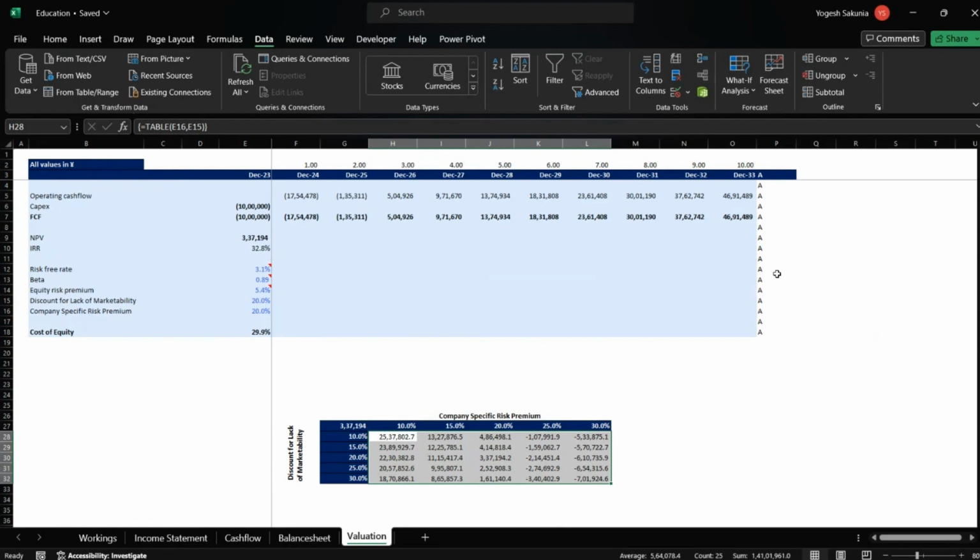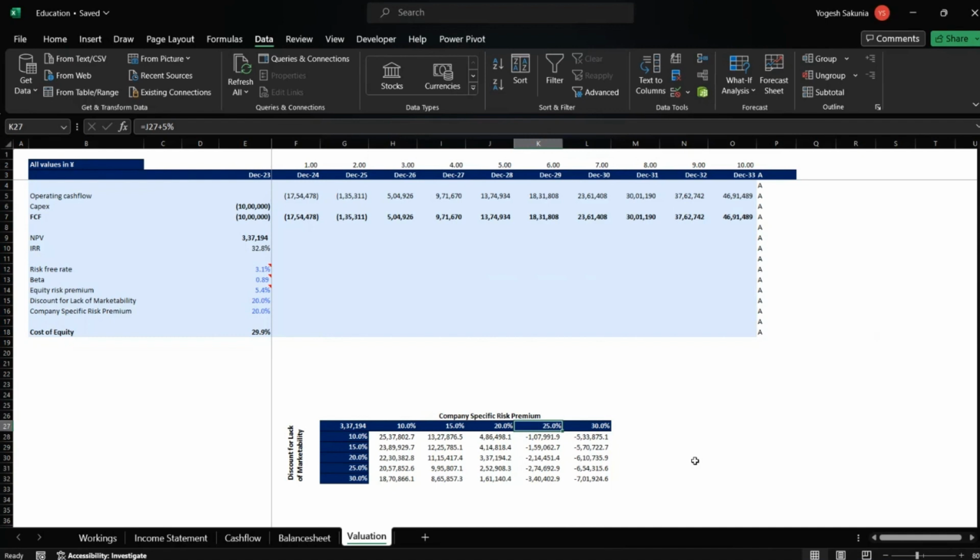What happens to your returns? Outright we can say that here the NPV will become negative, right? With a company specific premium of higher than 20, the NPV is going to go negative.